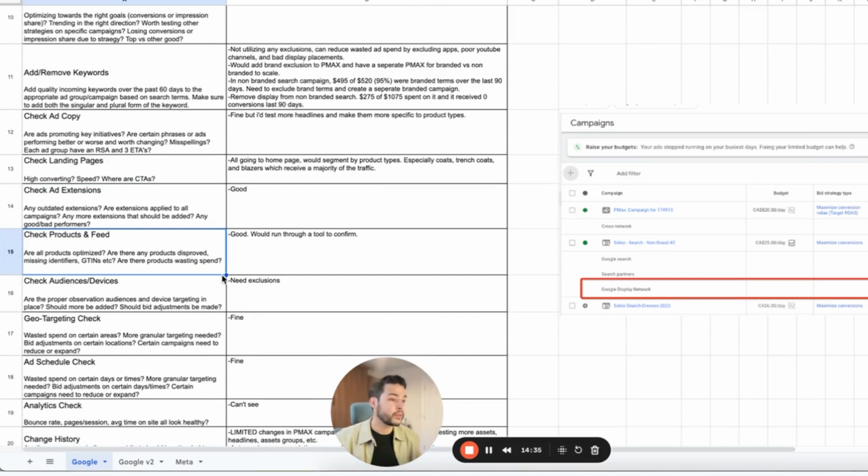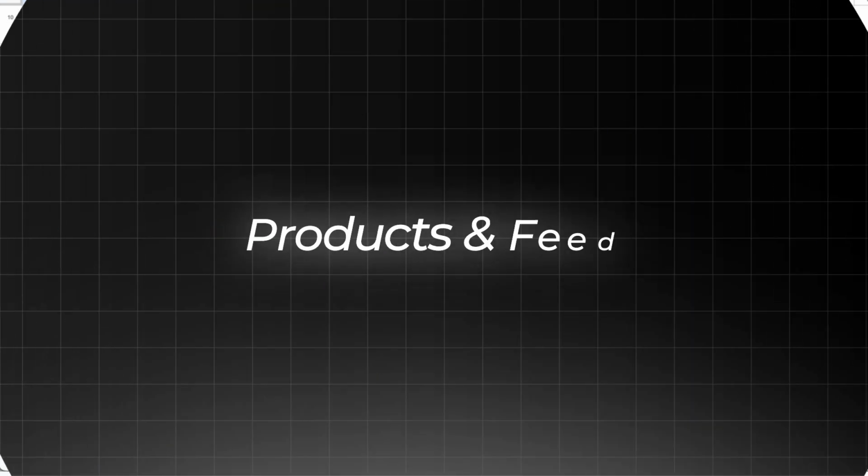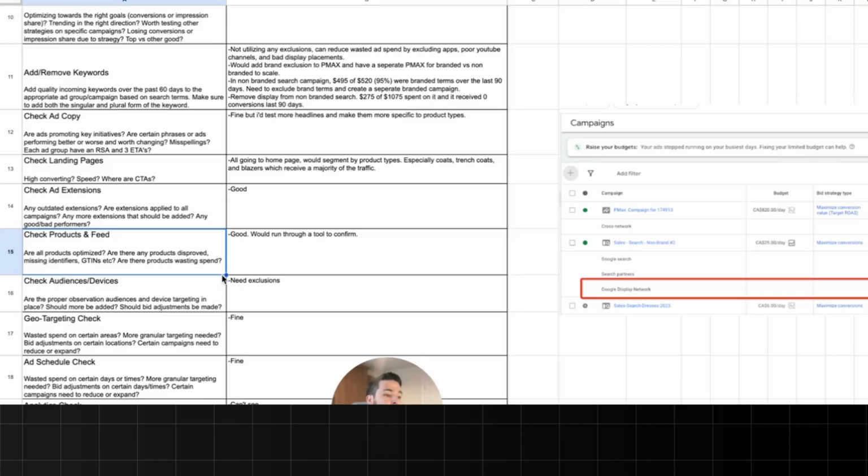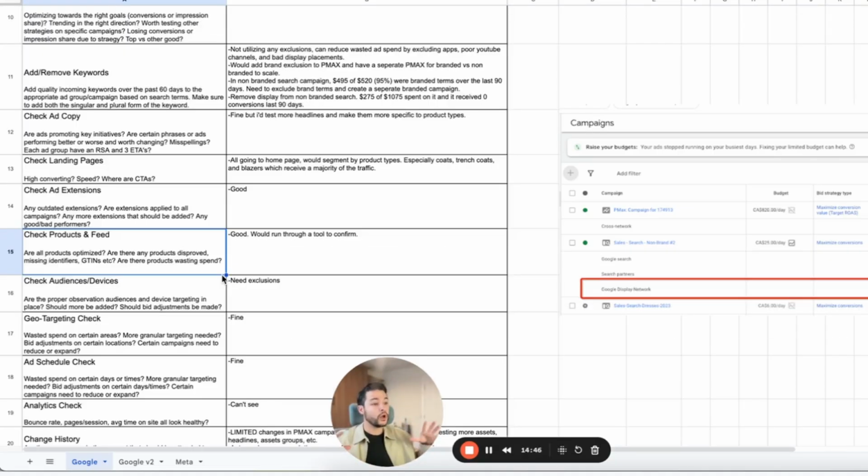A big thing that we want to look at, especially in e-commerce, is the product feed, right? Google's all about structured data. And I've really leaned into relevance, right? We want to be using proper titles. We want to be potentially testing our titles, ensuring we have all of the proper attributes in there.